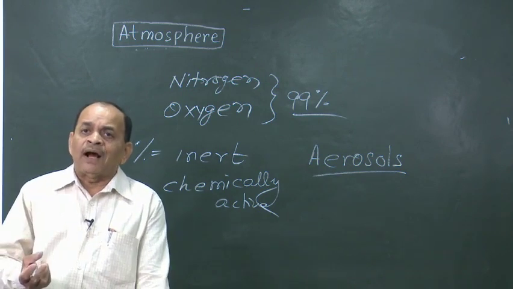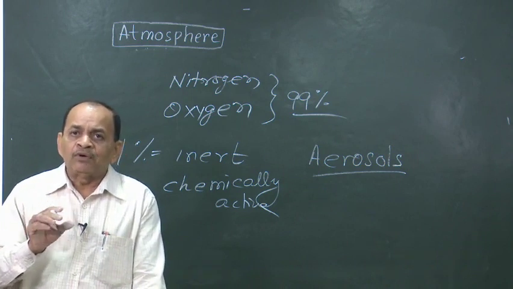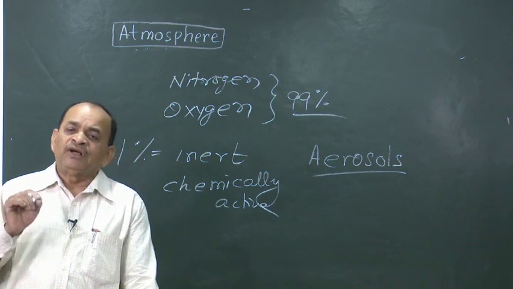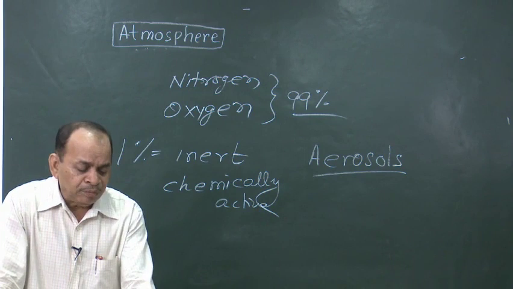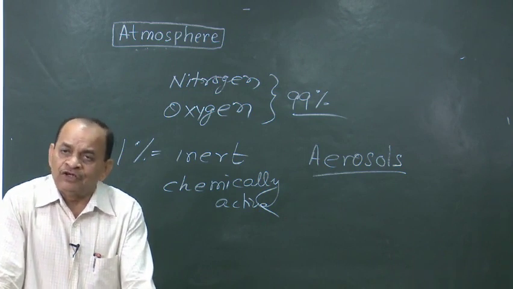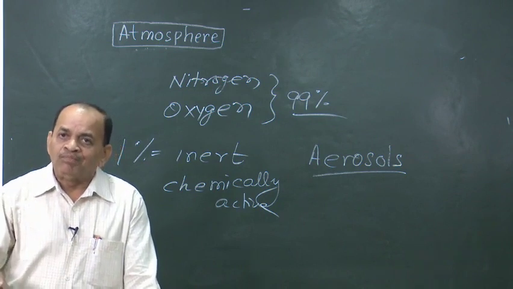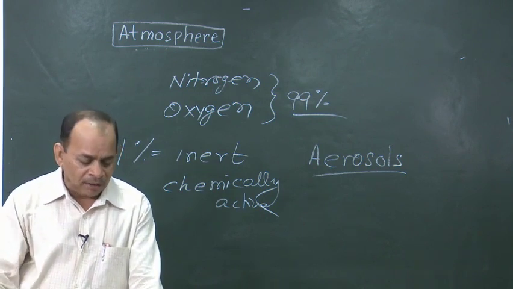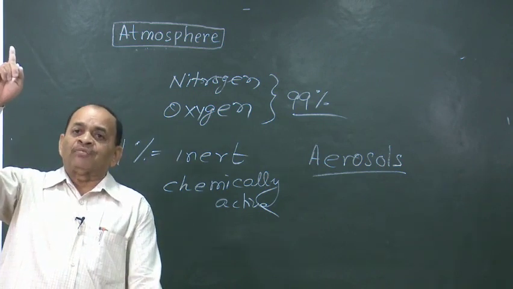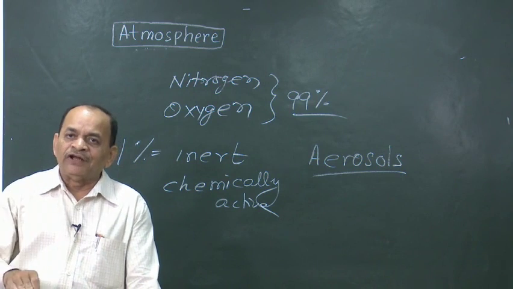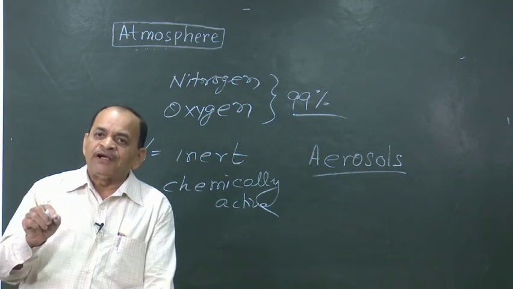The gravitational pull of the earth keeps the atmosphere bound to it, without allowing it to escape into outer space. So, it remains bound with the surface of the earth, and the main reason is the gravitational pull.